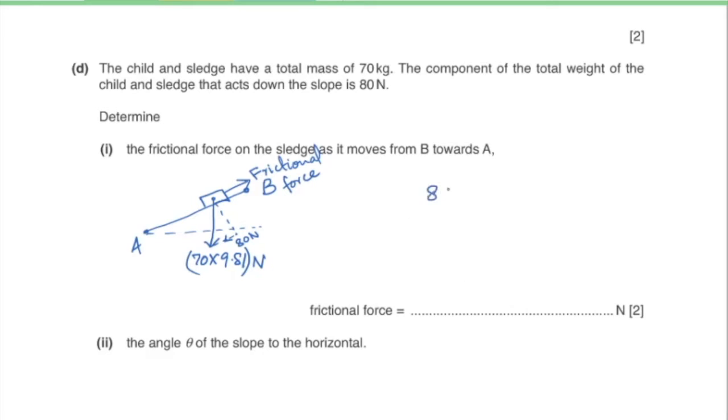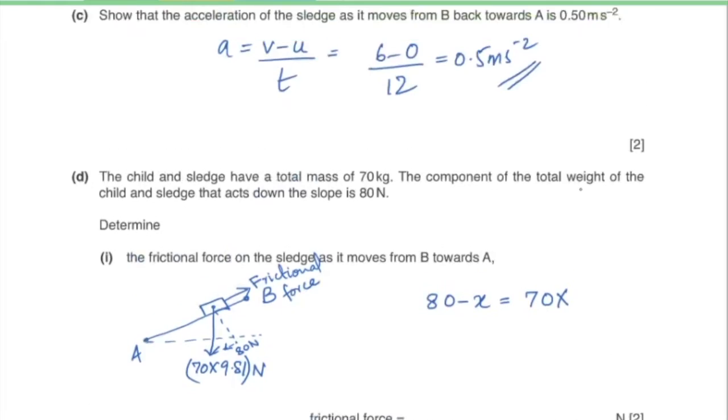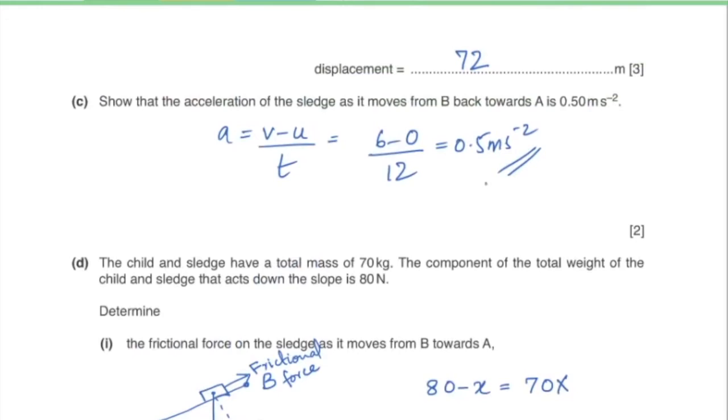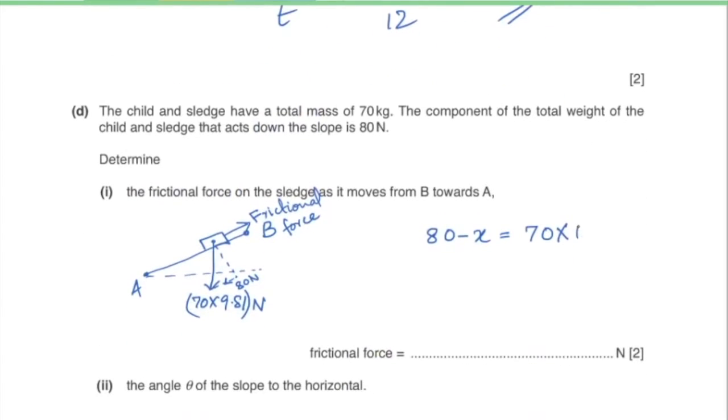So 80 newtons is much bigger than the frictional force, so I'll assume it is x newtons. 80 minus x equals the mass of the child and sledge, 70, into the acceleration from B to A from the previous part, 0.5 meters per second squared. And that's how we get a frictional force of 45 newtons.